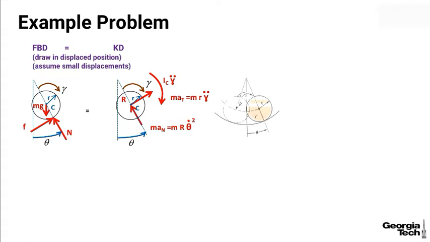So those are my three kinetic vectors. What do you do after you have a good free body diagram equals kinetic diagram?